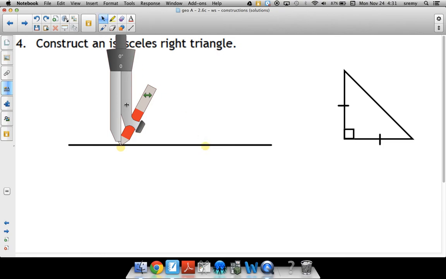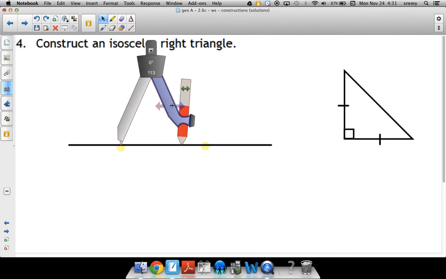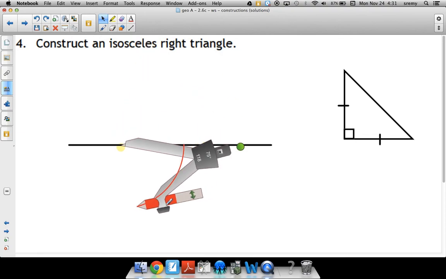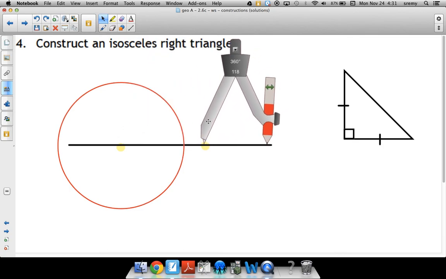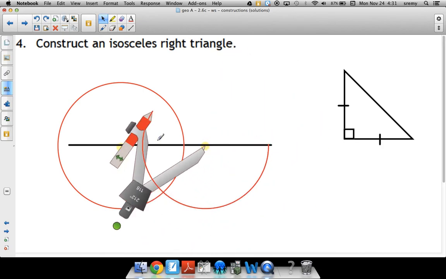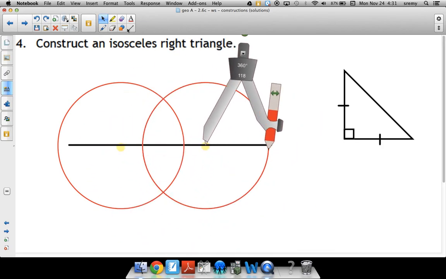That's the segment I'm going to bisect perpendicularly. So, circle centered there, and a circle centered here. Get that a little bit more accurate. Doesn't want to move. There we go. Alright, you put a line through those intersections, and then you have perpendicular.